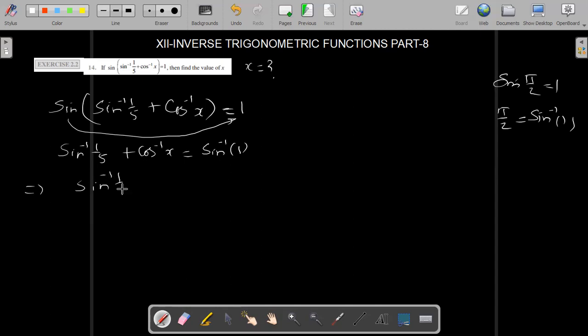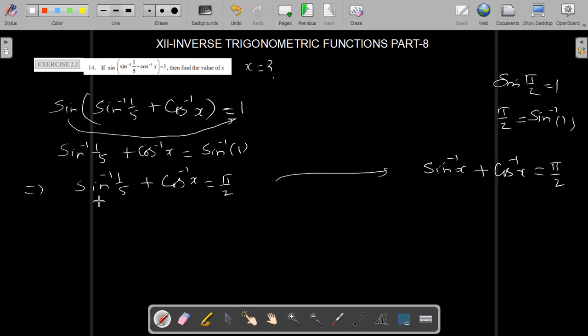So here we replace sine inverse 1 by π/2, that is 90 degree. So sine inverse 1/5 plus cos inverse x is equal to π/2. And you know one formula: sine inverse x plus cos inverse x, if both angles are the same, is equal to 90 degree, π/2.